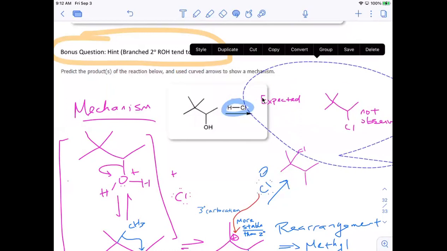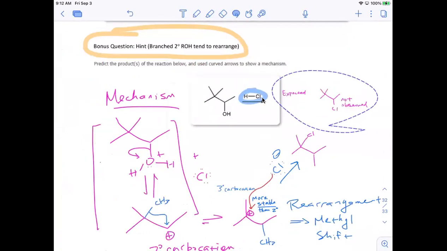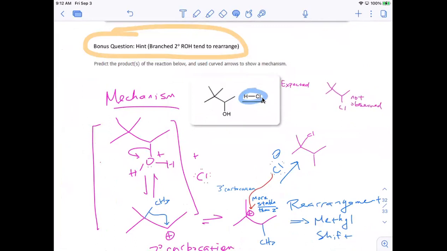All right. So this is my final product, right, from that reaction because of the rearrangement of the secondary cation to a tertiary.